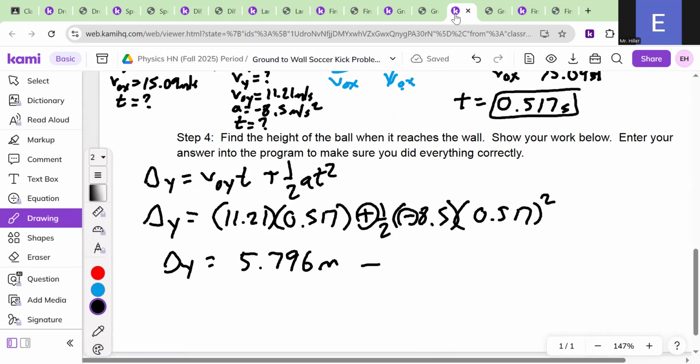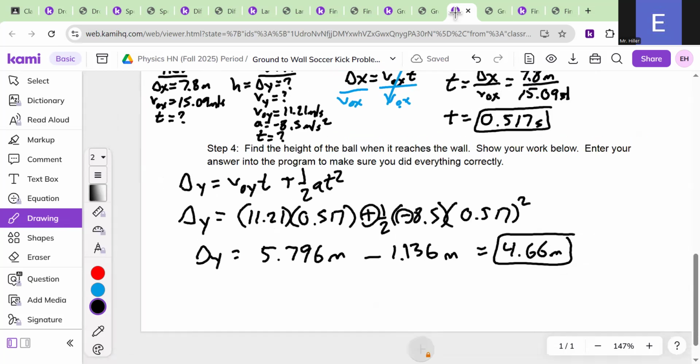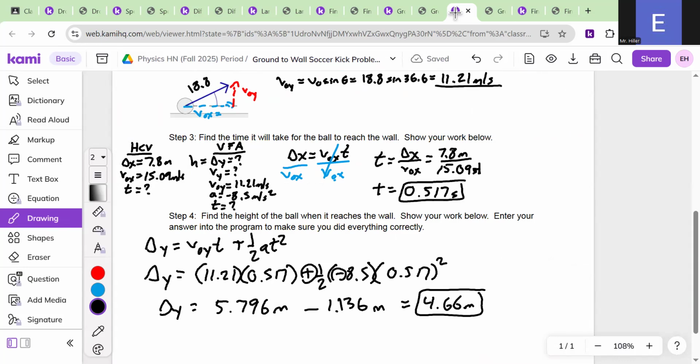Take half of that, and I'm going to subtract it, 1.136 meters. Okay, let me subtract those. 5.796 minus that answer, and I'm looking at about 4.66 meters off the ground should be where the ball hits the wall. Let's find out.